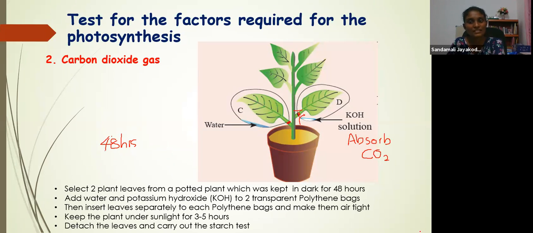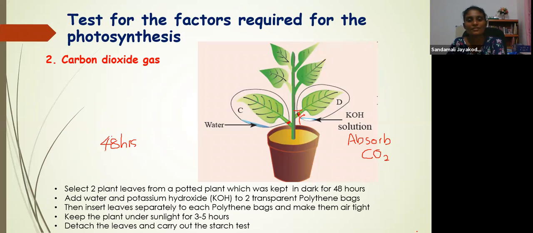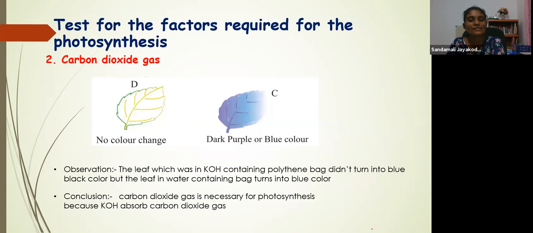D was kept in a polythene bag containing KOH solution. And in C, there's no problem, no KOH to absorb anything. It has only water, and it carries out photosynthesis well. So our result is a dark purple or blue colored leaf at the end when we put iodine.